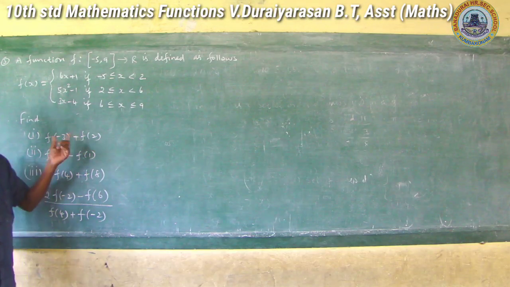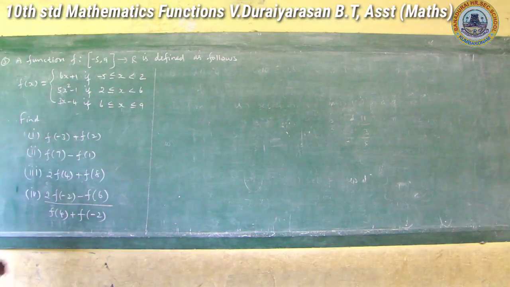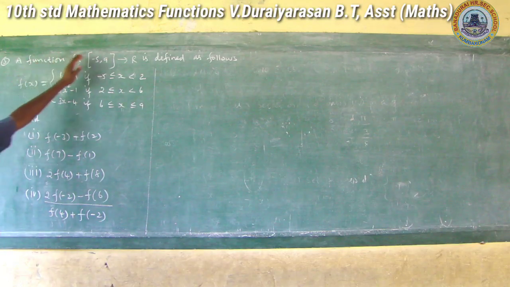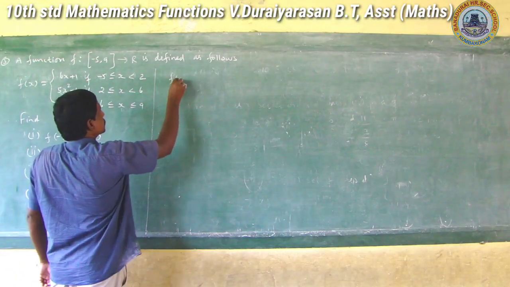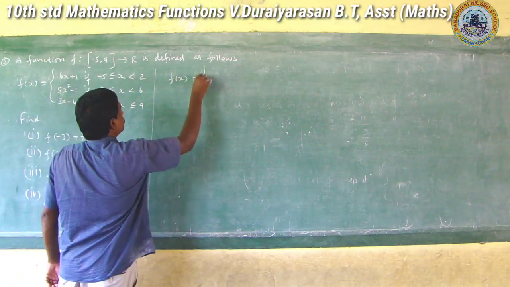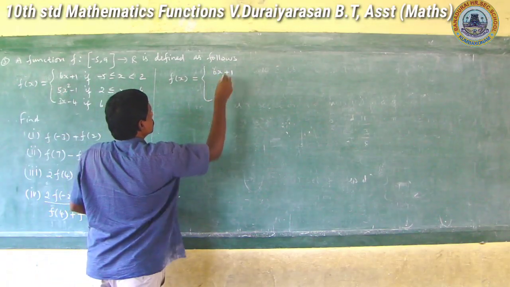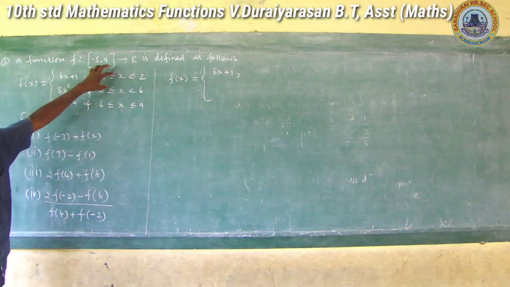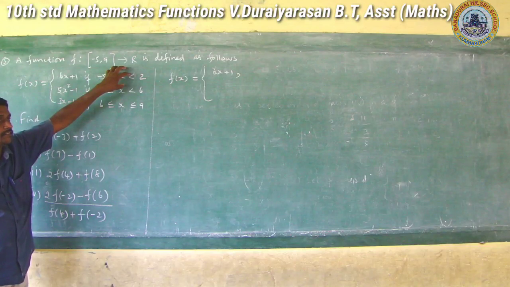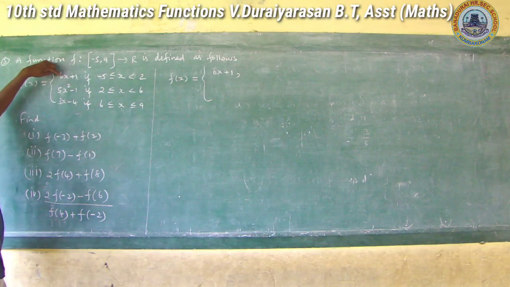First question. Right? How to find out the given 4 questions. Very important topic. The function f of x is equal to 6x plus 1. What is the value of x? The x values applicable are only for 6x plus 1.